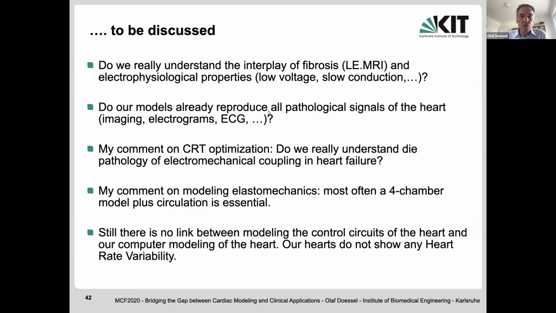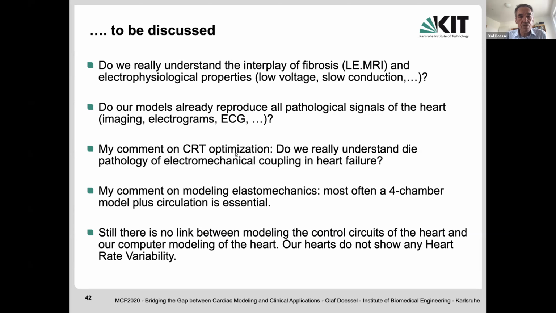Do our models already reproduce all pathological signals of the heart, imaging, electrograms? And you have seen an example how we still struggle with producing simulated electrograms that resemble the electrograms that you measure above fibrotic tissue.